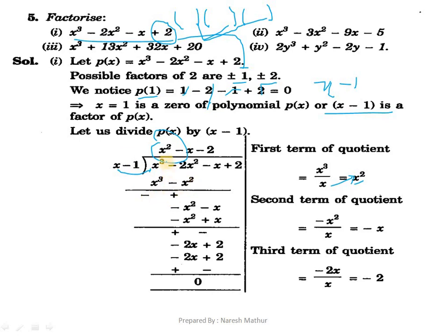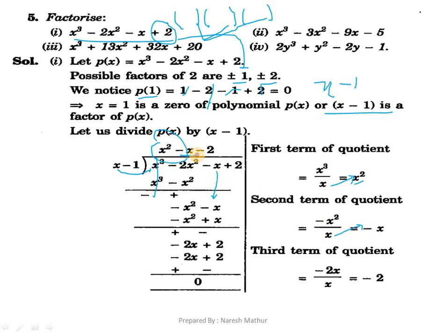Now change the signs. So x cube minus x cube will be cancelled out. Minus 2x square plus x square will be minus x square. This minus x will be noted down. Now we need to multiply x by such a number so that we can get minus x square. So for that we'll multiply x by minus x only.